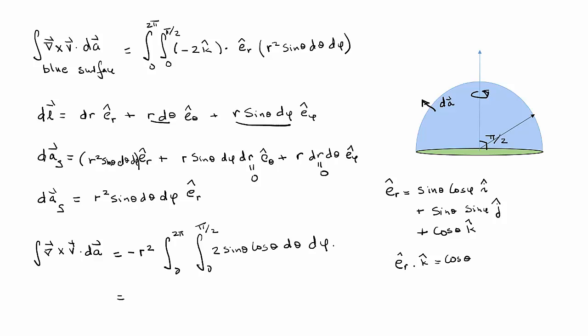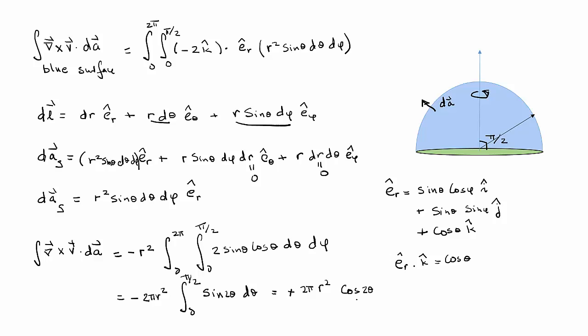There's no phi here, so integral of d phi from 0 to 2 pi is just 2 pi, so I get minus 2 pi r squared, 0 to pi over 2. 2 times sine theta cosine theta is sine 2 theta d theta, and the integral of sine 2 theta is minus cosine 2 theta over 2, so I can cancel the minus off.